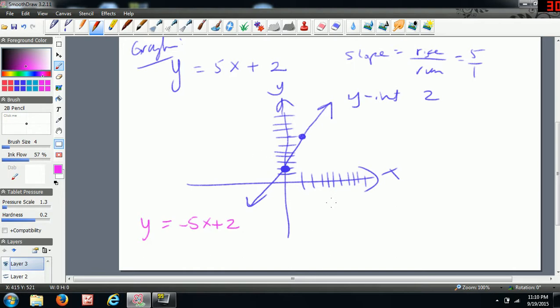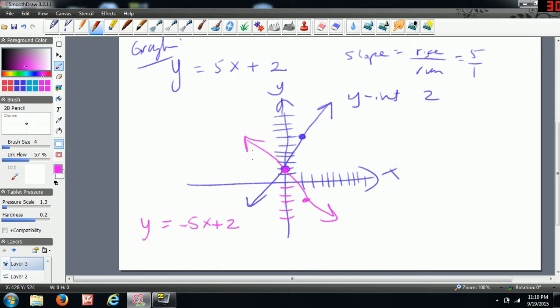That would probably be going in this direction. So we'd be here, and the rise over run this time would be negative 5. So that would be going down 1, 2, 3, 4, 5, and then over 1 again. So that would be something like this.